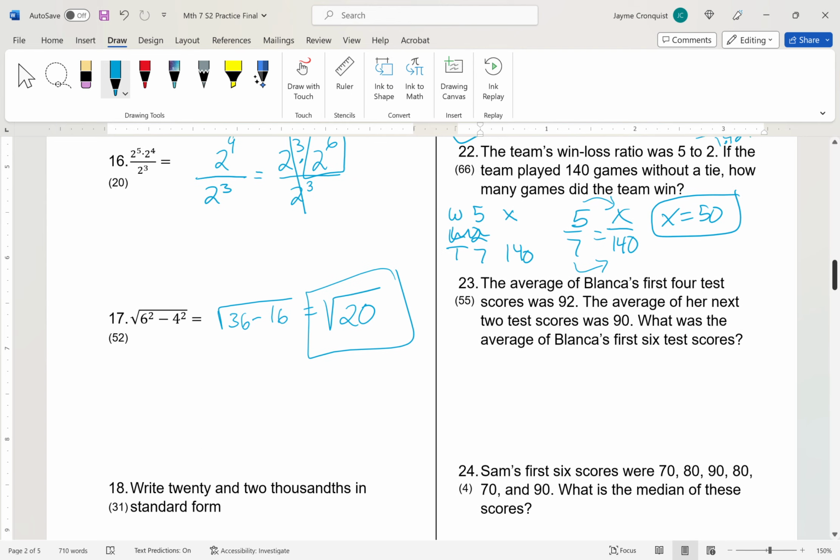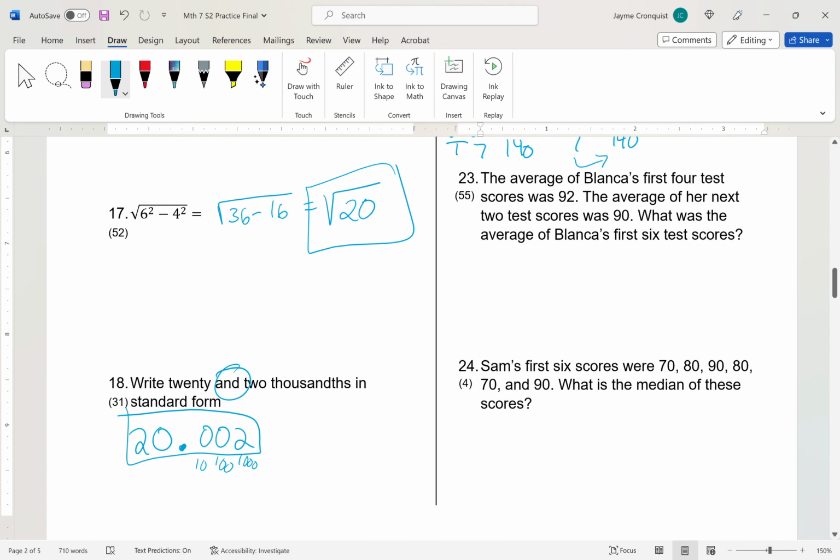Alright, and now we're looking at 23 and 24. The average of Blanca's first 4 test scores was 92. So the sum of the first 4 would have been 92 times 4, which is 368.